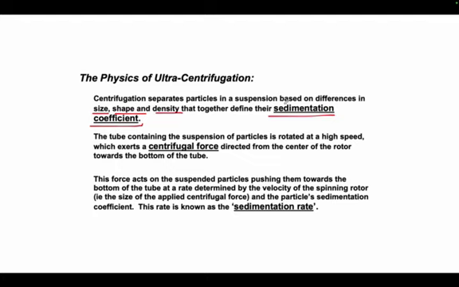How centrifugation works is, say I took some muddy water from a pond. When I pick it up, it'll look brown, because there are all sorts of mud particles suspended in the water.